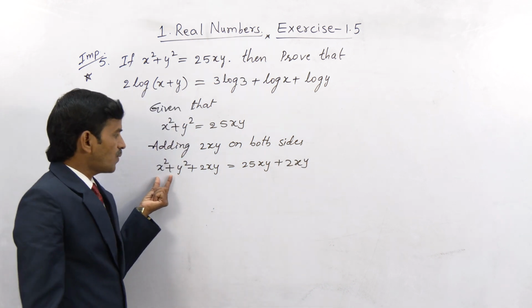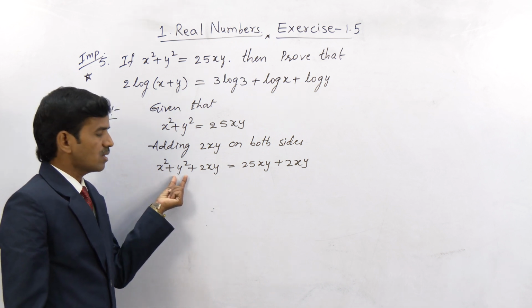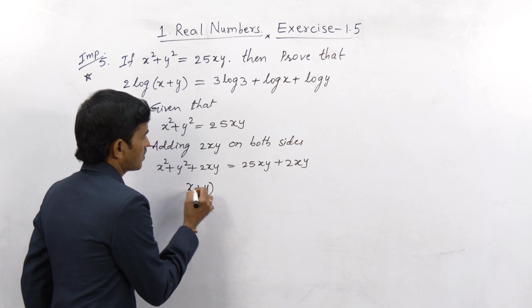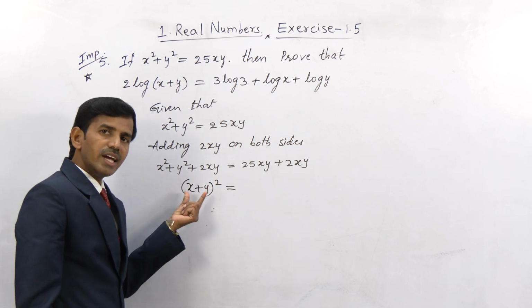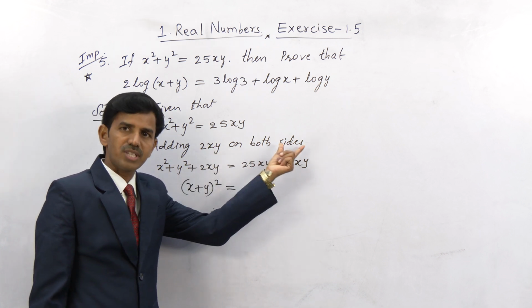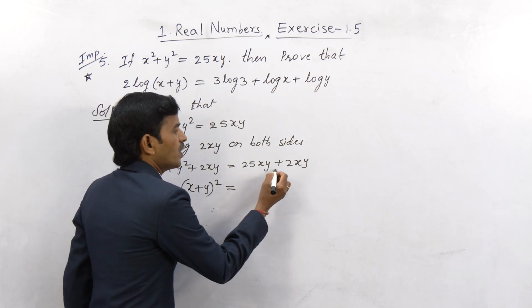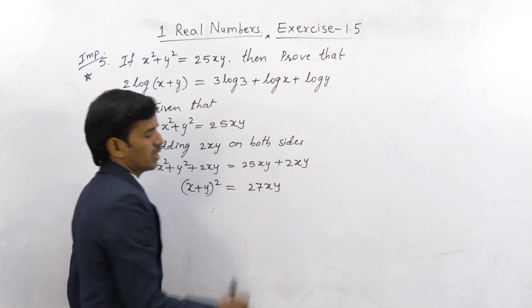Now it is in the form of the expansion of x plus y whole square, that is x square plus y square plus 2xy. It can be written as x plus y whole square. In order to get this factor, we have added 2xy on both sides. So remember this. Now 25xy plus 2xy can be written as 27xy.